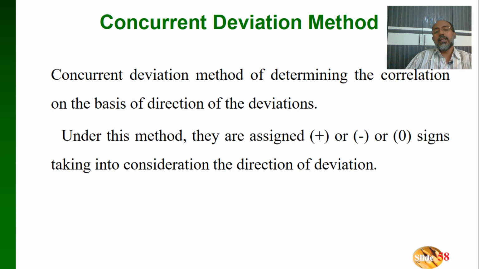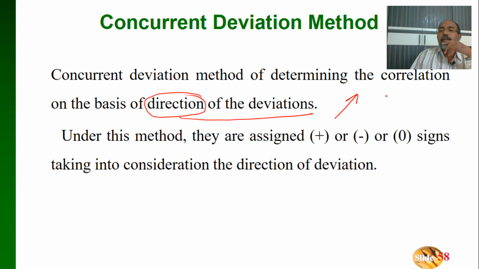What is the concurrent deviation method? It is a method of determining the correlation on the basis of the direction of the deviation. So the word direction is very important. What we want to know is whether it is an uptrend or a downtrend, inclining or declining.